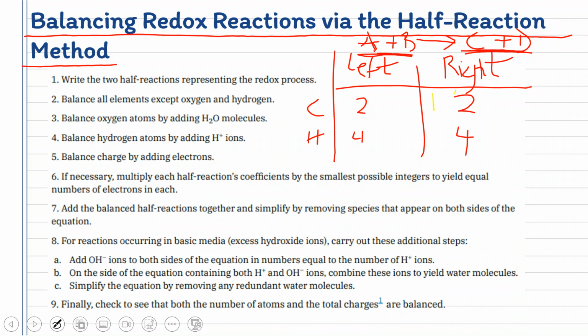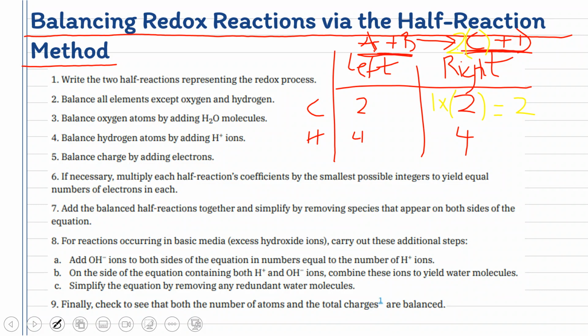So then we multiply the 1 by 2, so that now we have 2. Then you're equal. Multiplying by 2 means that you find where this element is. So where C was on the right hand side, we put a 2 here. Let's say this is the compound that had carbon. We put 2 here and now we balance it. Okay. This is what we learned previously about balancing equations.